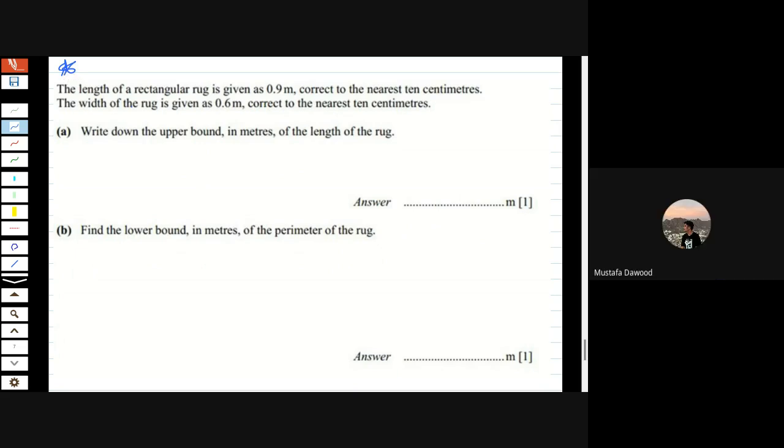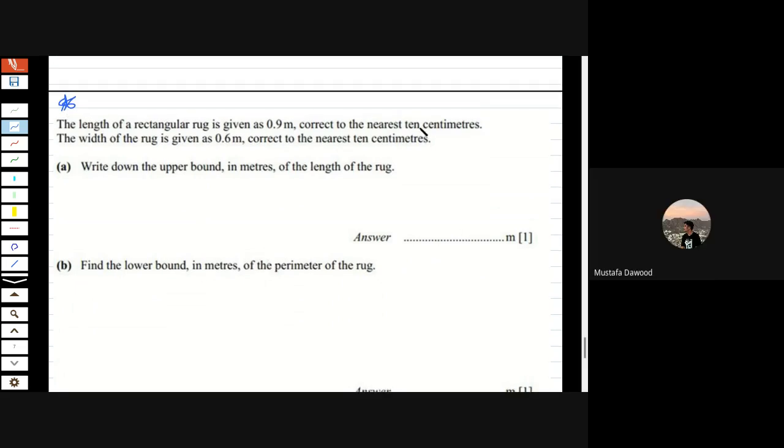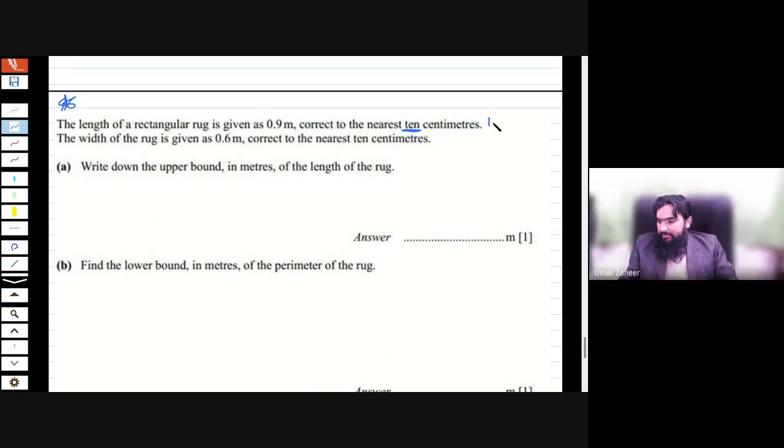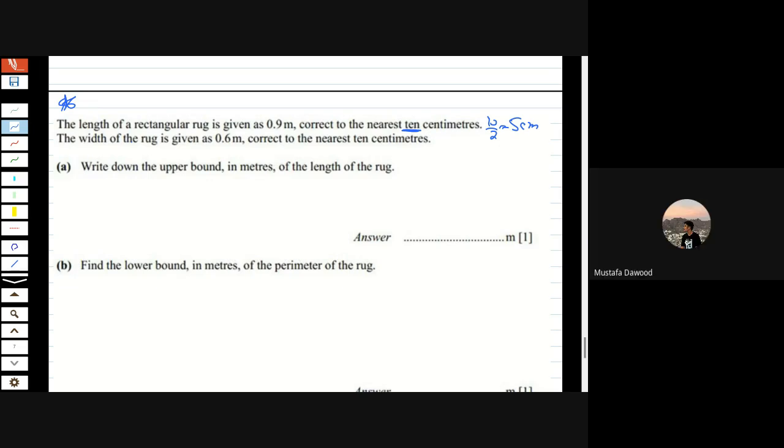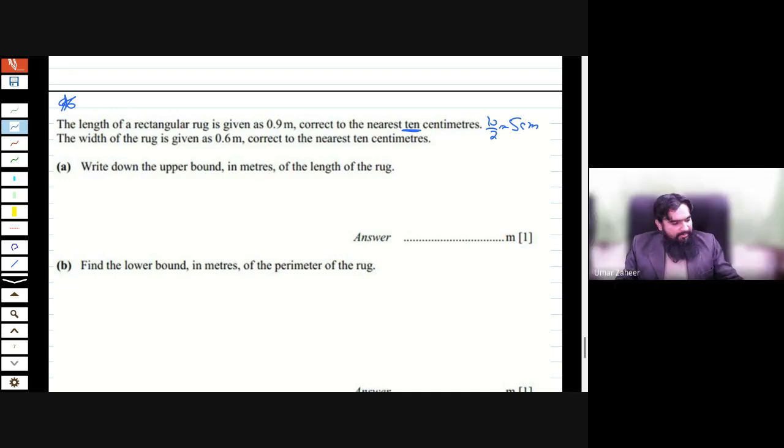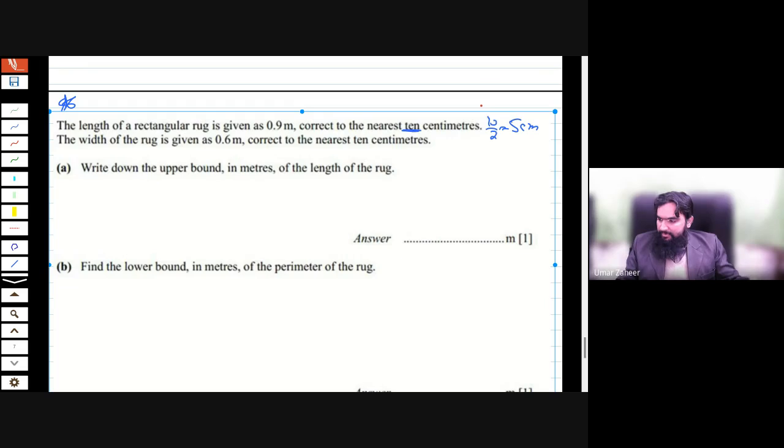The length of a rectangular rug is given as 0.9 meters, correct to the nearest 10 centimeters. So we will divide the 10 by 2. 10 divided by 2 will be 5 centimeters. But the problem is it is in centimeters and the length is in meters. So first of all, convert it.